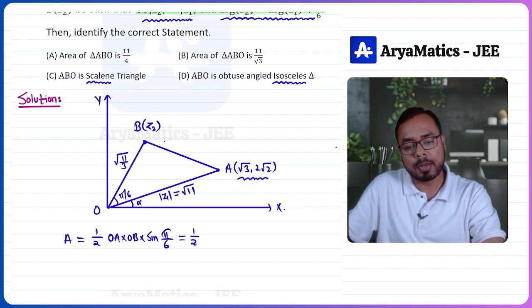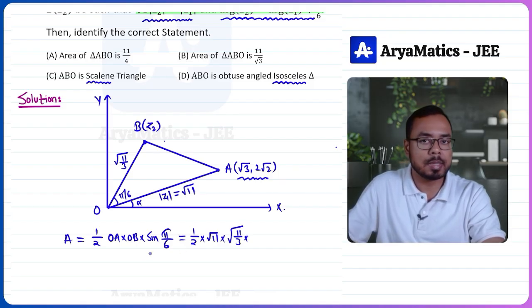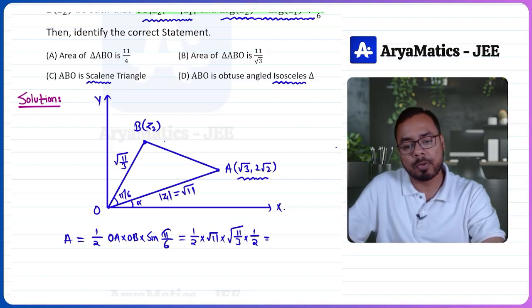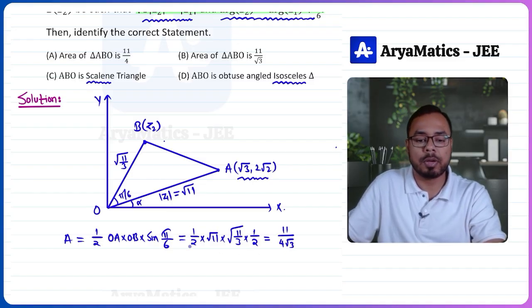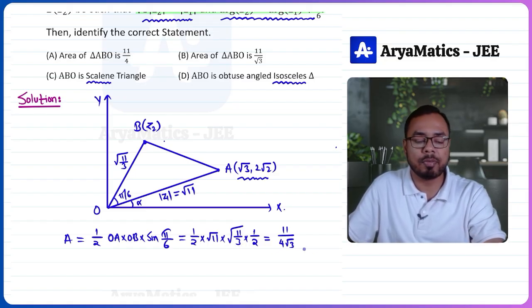Now this will become half of, one side is root 11, another one is root 11 by root 3, and the angle is 30 degrees, sine 30 will be 1 by 2. So ultimately this will become 11 divided by 4 root 3, right? 2 into 2, 4, and root 3. So 11 by 4 root 3 is the area of the triangle. Now as you can see, none of the options are matching, so options A and B have a different area. So these two are incorrect options.